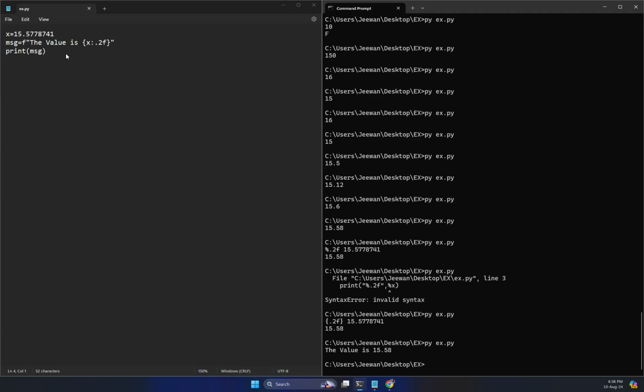Then the other way, how can I do it? Let me print.